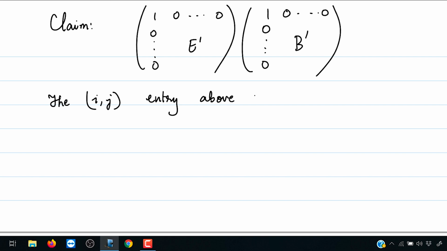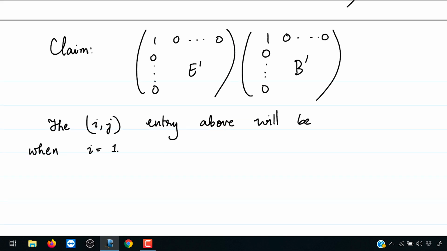Let's see what happens when i is equal to 1. That means the first row is being considered in the product matrix. First, let's see what happens when j is equal to 1, then the 1,1 entry is equal to 1.